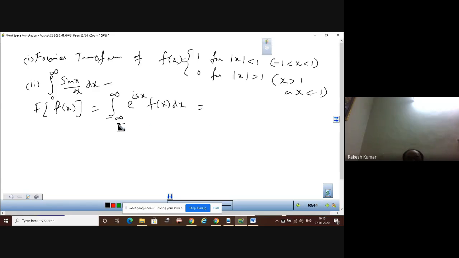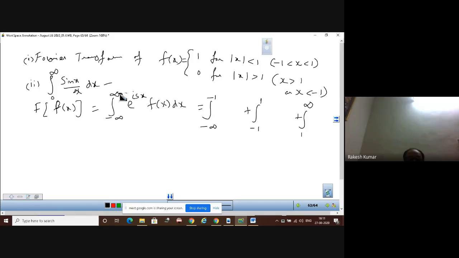And you see the interval minus infinity to infinity is there, and it means you can break the interval into minus infinity to -1, plus -1 to 1, and plus 1 to infinity.